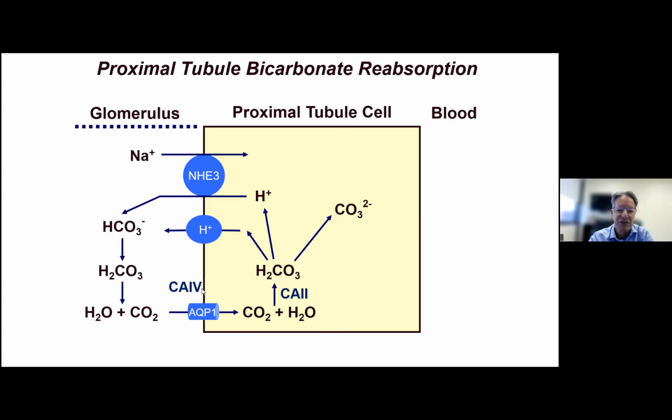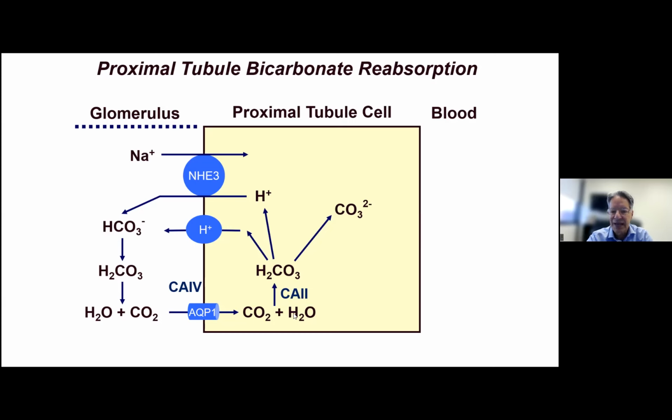It's attached to the apical membrane by what's called a GPI anchor. It's a protein that's attached to the apical membrane here, and it also binds carbonic anhydrase 4. So carbonic anhydrase 4 is sort of, you can think of it like a tree sitting on the apical membrane, catalyzing this reaction.